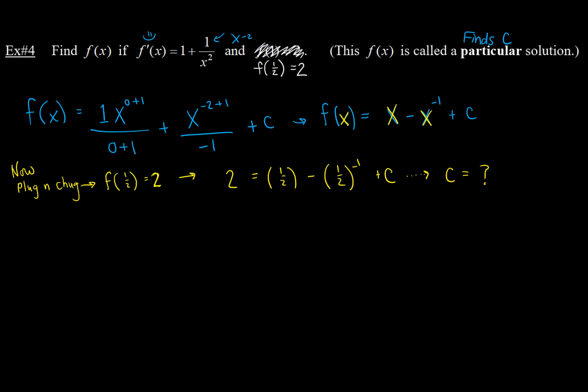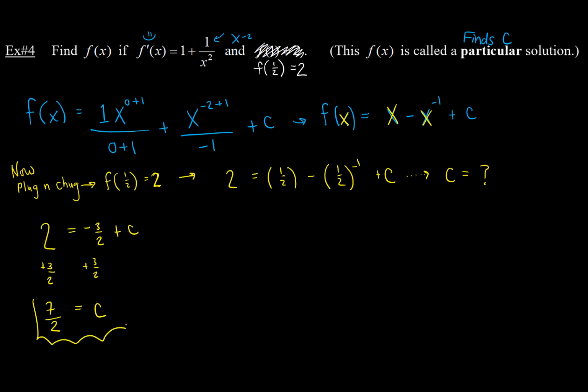So let's go ahead and do that. Here I've got 1/2 minus 2, and that's going to give me 2 equals 1/2 minus 2, negative 3/2 plus c. And then I'm going to add 3/2 to both sides, and I end up with 7 halves.